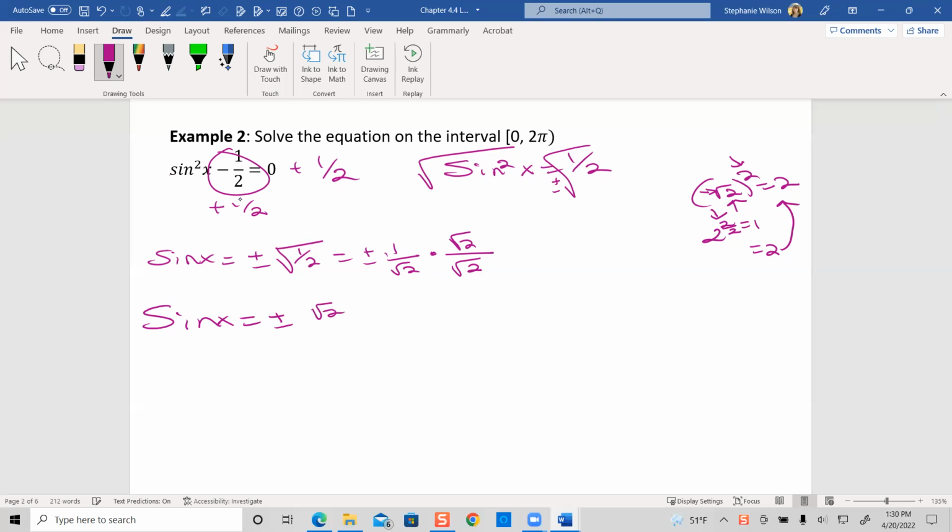Again, square root of 2 times square root of 2 is 2. And now that I know that, I can go to the unit circle and I can find all values for that. And I get pi fourths, 3 pi fourths, 5 pi fourths, 7 pi fourths.